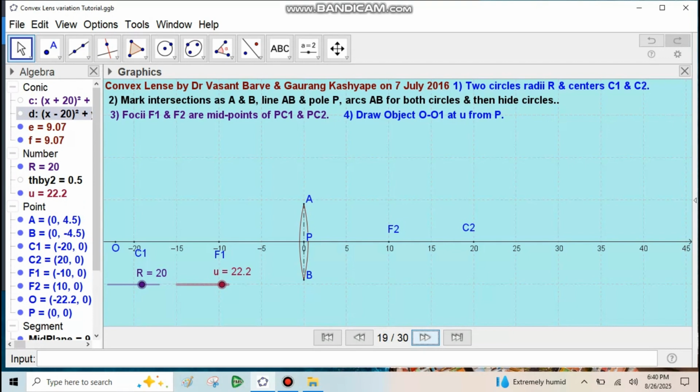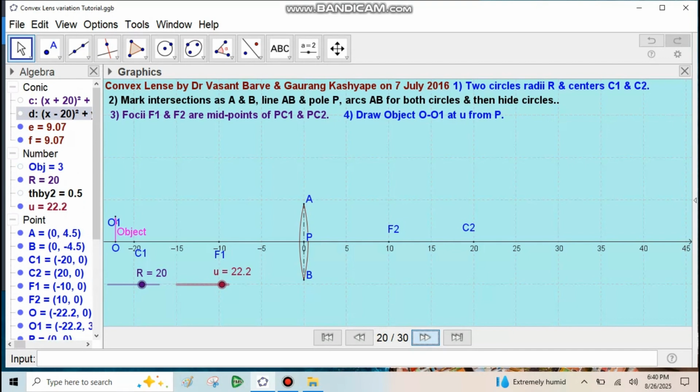So I am putting this object slightly beyond C1. So this is the object I have placed. Now what we'll do is we'll start rays from top of this object and see where the image would be formed.